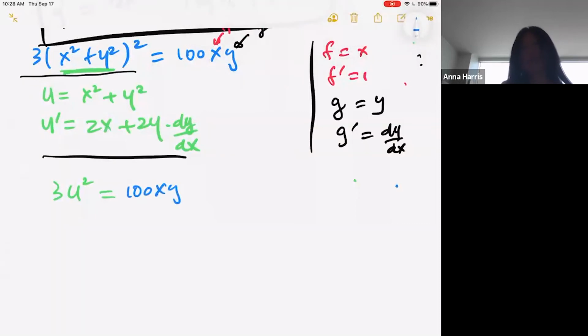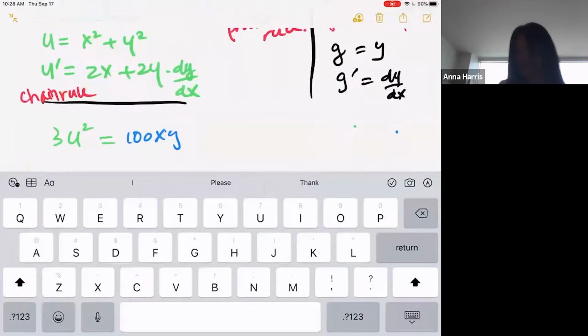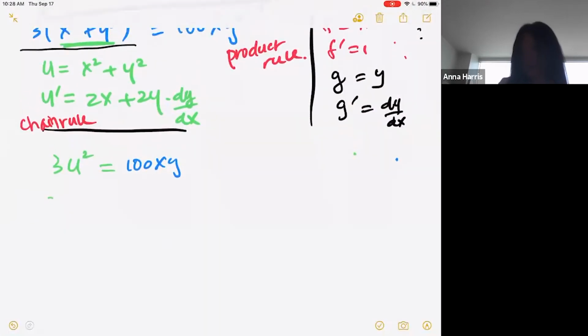I'm doing a chain rule over here and a product rule on the other side. Two different things. So using the chain rule, that is the same as 3 times 2 times u to the 1 power, and then what? u prime.